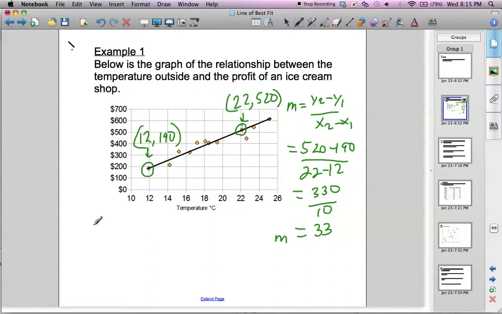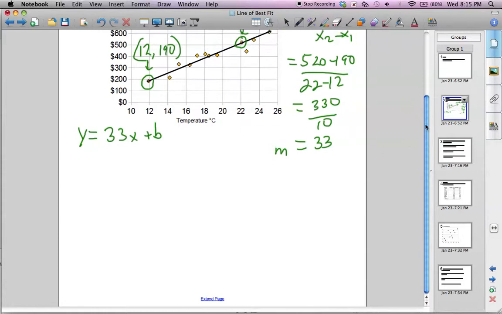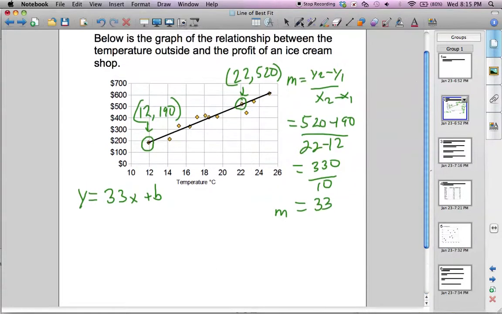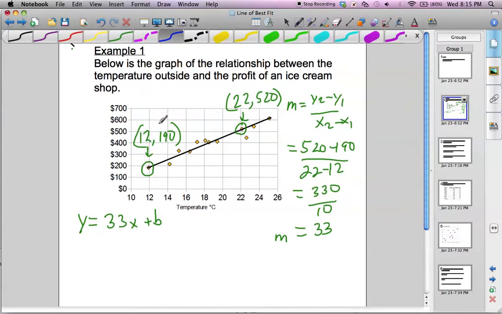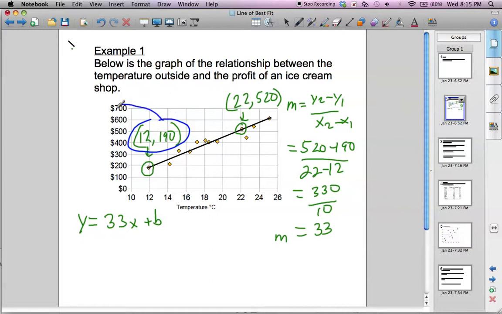Okay, so we got the slope, so we can write the equation of the line as y equals 33x plus b. We don't know the y-intercept right now, so we're going to find that. We're going to substitute one of those points into the equation. So I'm going to pick this point here, 12, 190, and substitute into the equation. The y value is 190, and the x value is 12.